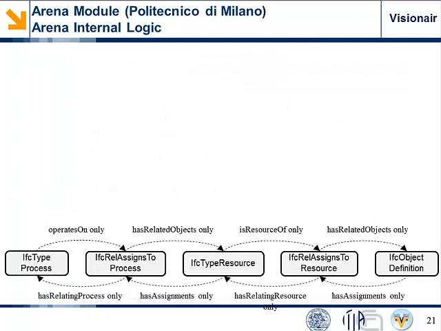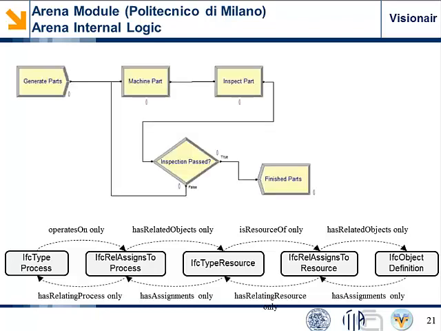So, as I said before, there is a main problem: when we decide to use Arena, we have to cope with the way Arena models the processes and the way Arena stores the information. Arena has a sort of flow-based way of defining a process.